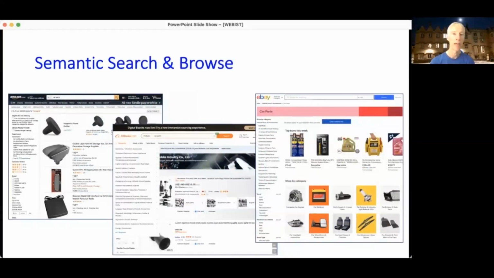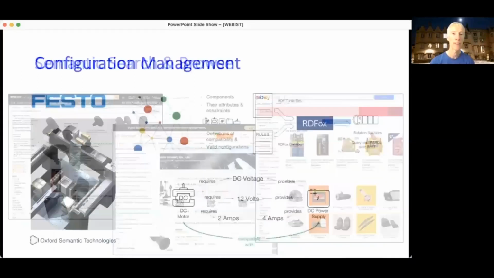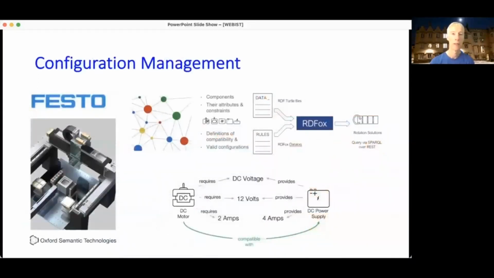However, many of the use cases involve industry problems that are not directly related to the web. A prominent example is configuration management. For example, RDFox is being used by Festo to support the configuration of large and complex factory and process automation systems. The knowledge graph includes a complete specification of Festo's extensive component catalog, along with rules that capture expert knowledge about compatibility between components.